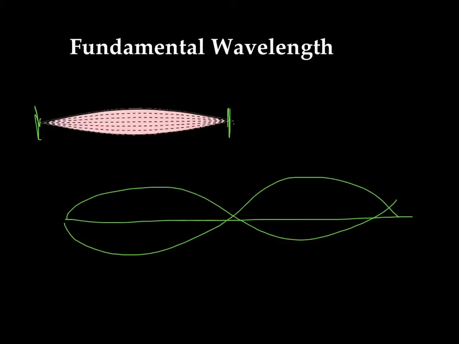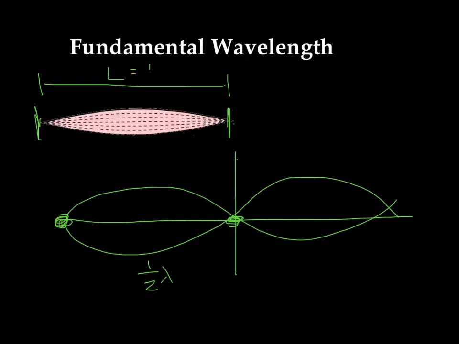From here to here is the length of the string. And if you see, we're going from this node to this node. This part here is only half of a wavelength. So the length of the string here is half of your wavelength. Remember that upside down Y, the lambda, means wavelength.